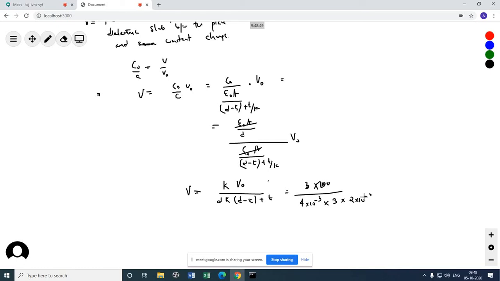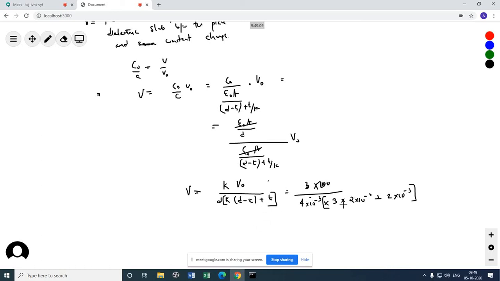Let me just check it. There will be D also here. Plus T is again 2 into 10 to the power minus 3.